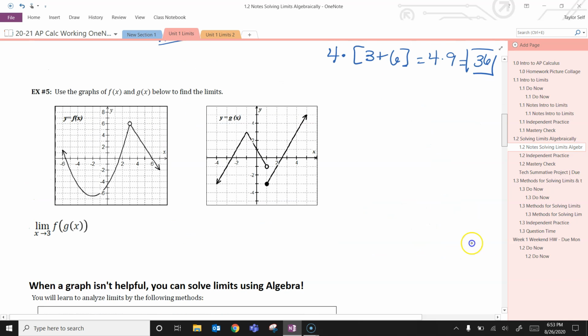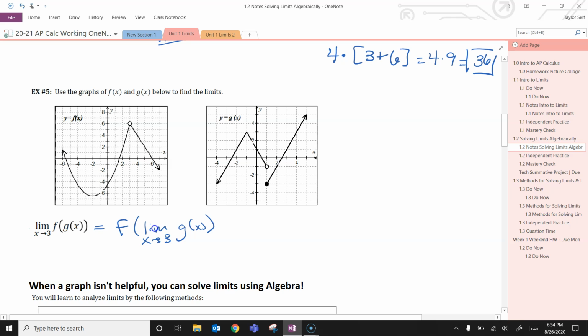Let's move on. All right, limit as x approaches c of f of g of x. If we're using our limit properties, this is the same as, oh, shoot, sorry. Let me erase. Using the limit properties above, this is the same as f of the limit as x approaches 3 of g of x.